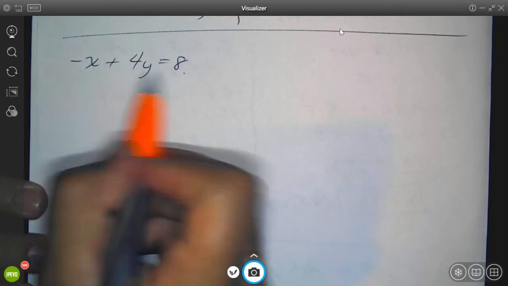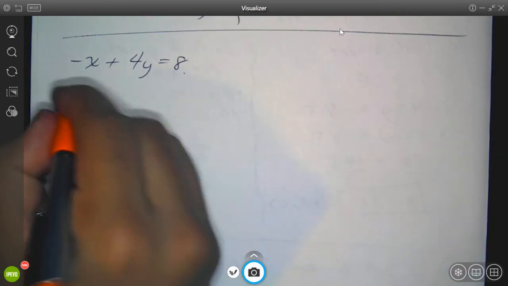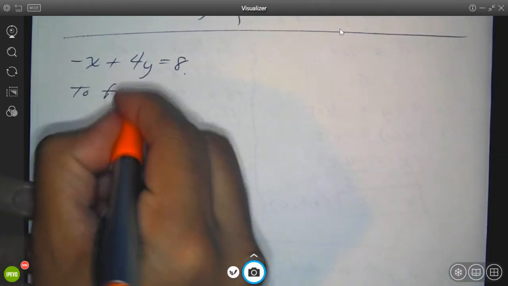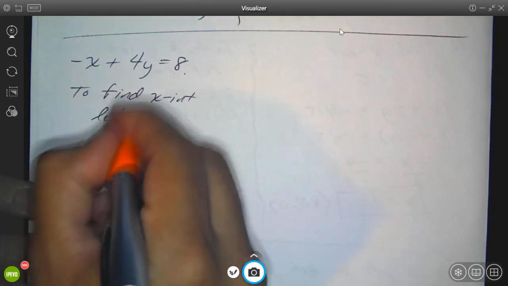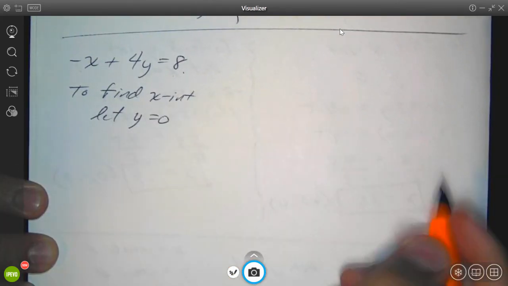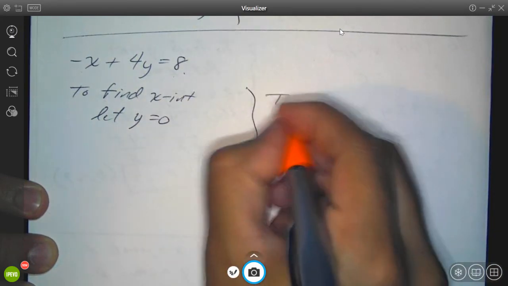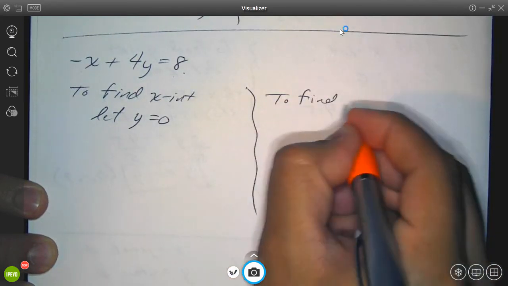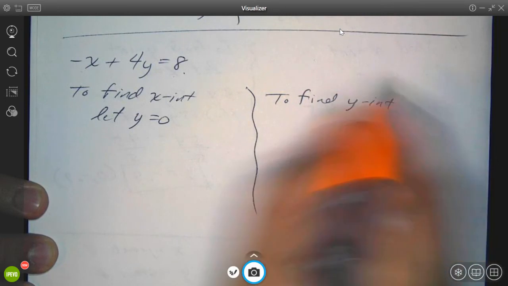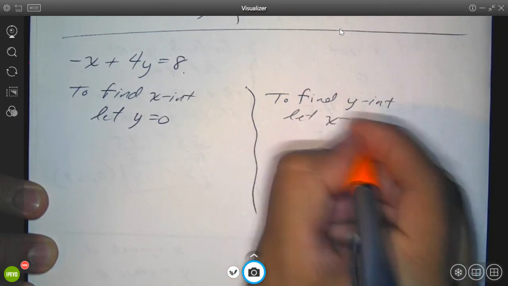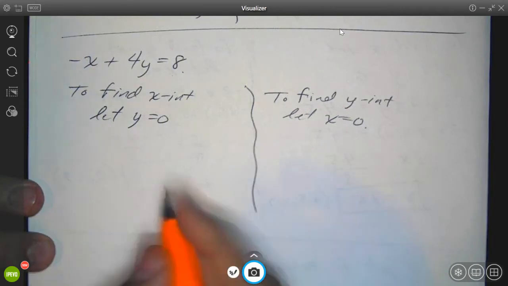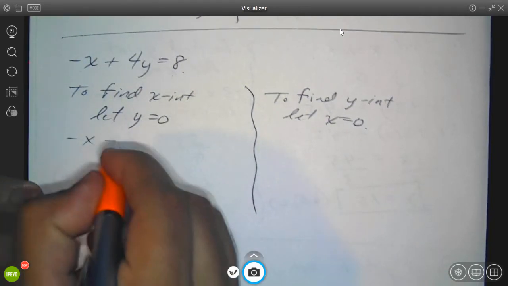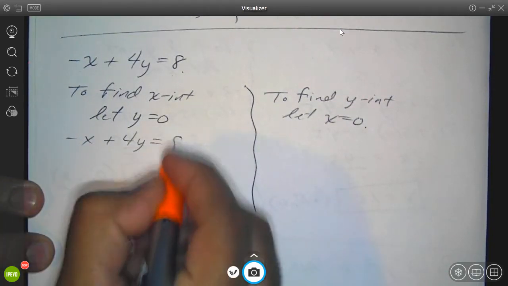So again, here's the equation in standard form. I have to find my x and y intercept. So to find the x intercept, I let y equal 0. To find the y intercept, I let x equal 0. Right? That is the same two things. Always. So here I have negative x plus 4y is equal to 8.